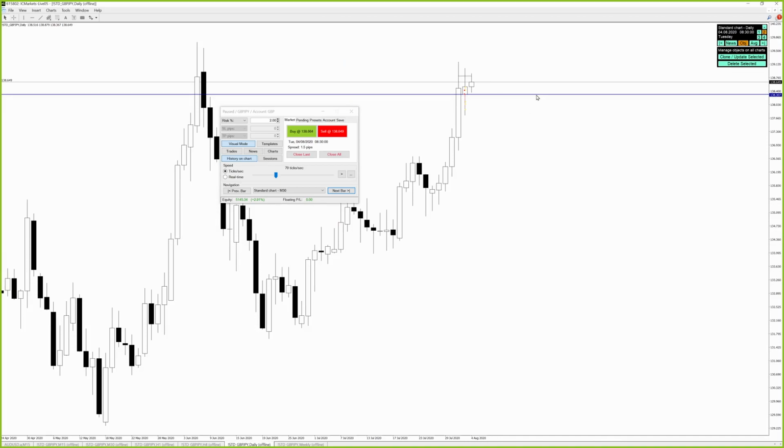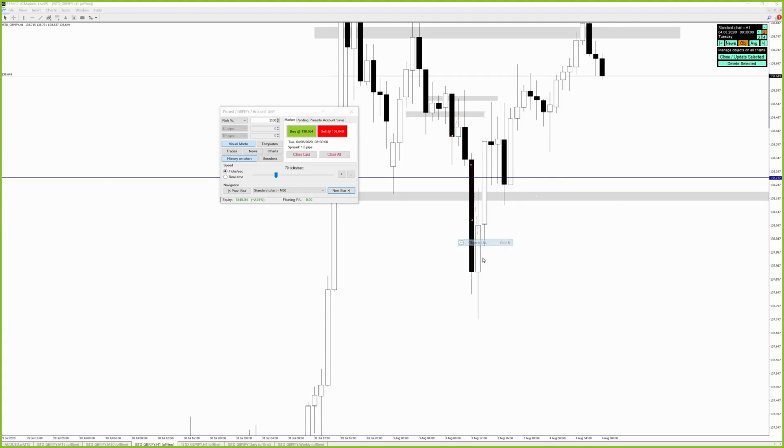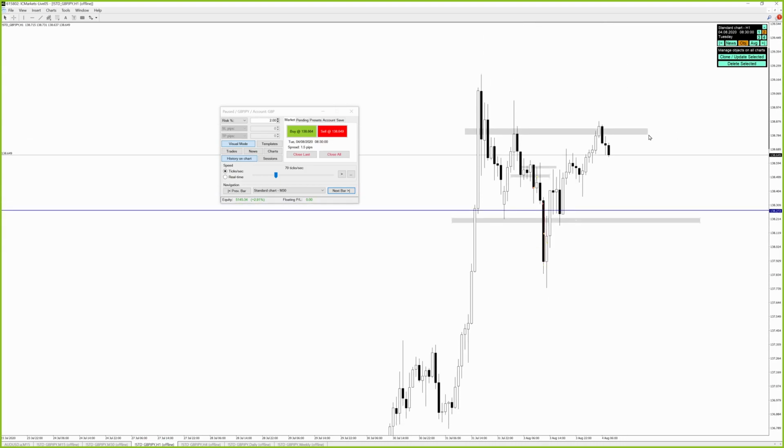First of all, we're moving into Tuesday. 4 hour is still ranging, but we've got to do fresh analysis all the time. Whenever you come to a new chart, you've got to do fresh analysis. So let's remove all these zones right here.